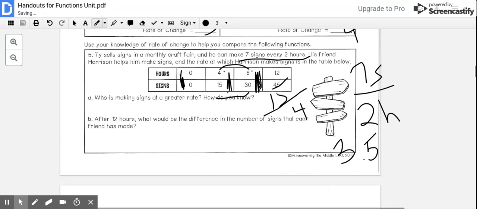So you have 15 over 4. And then when you divide that, 4 goes into 15 3 times, and that's 12, and then I have 3/4 left over. So that's 3.75. So it's not by much, but Harrison is making it at a little bit faster rate.